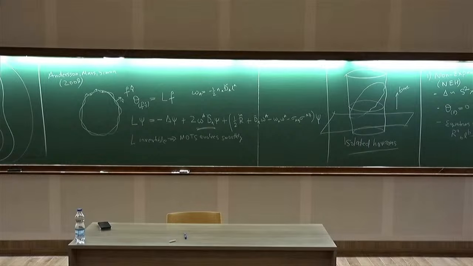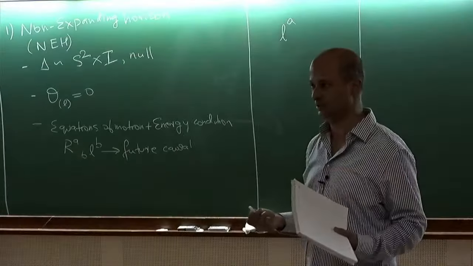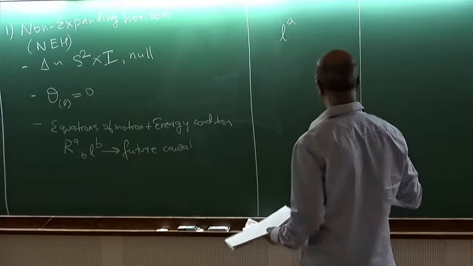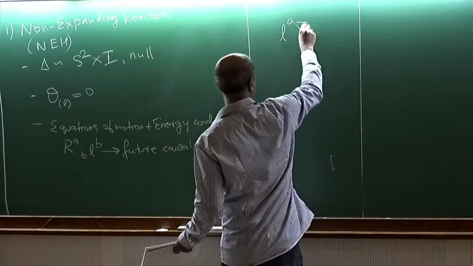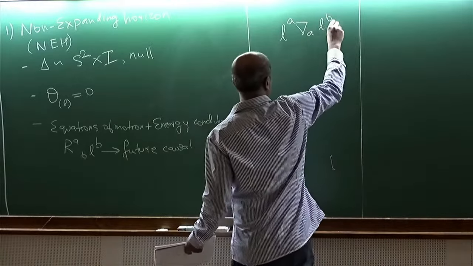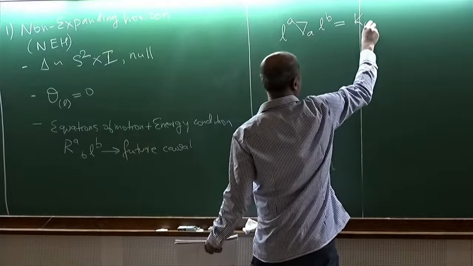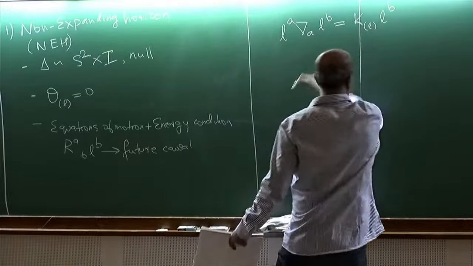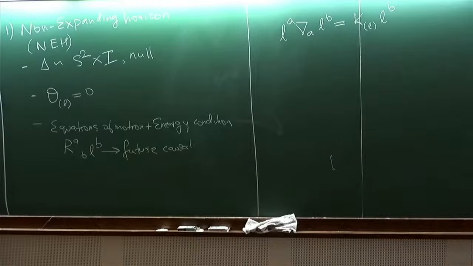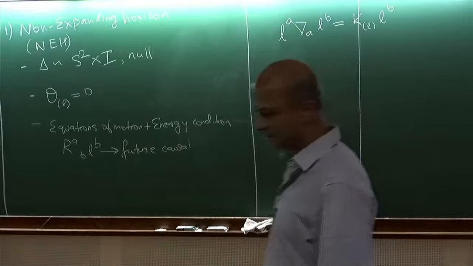In this case, you can show, in fact, that L has to be geodesic. Not affinely parameterized, perhaps, but it has to be geodesic. So that means that we must have... I'm not proving this for you, but it is in fact not that difficult.